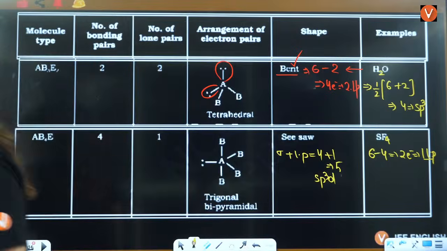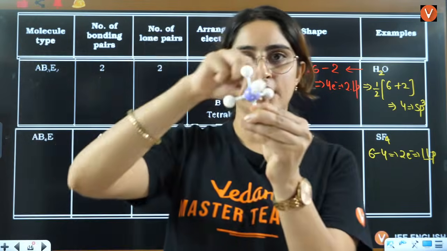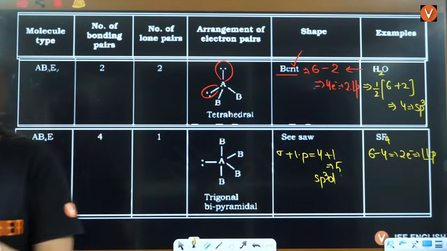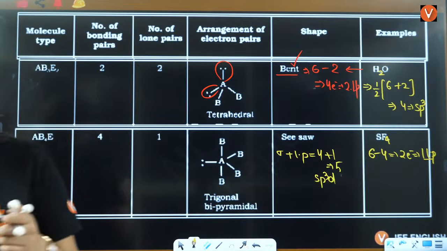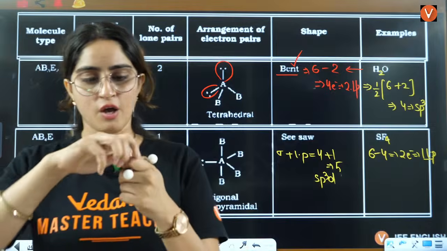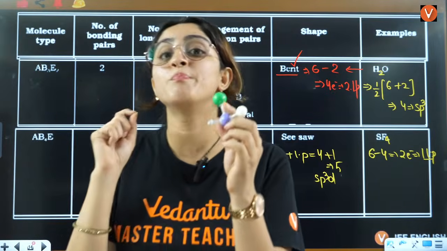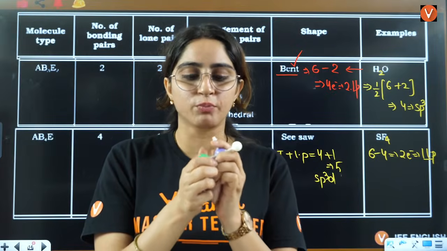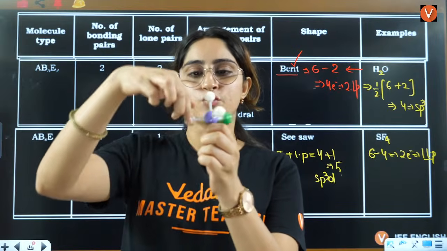But in sp3d, this is the structure. Now see, a few things can happen. Either you can attach the lone pair over here, or you can attach the lone pair here, right? The best way of attaching the lone pair is on the equatorial position, that trigonal planar plane that you can rotate here.